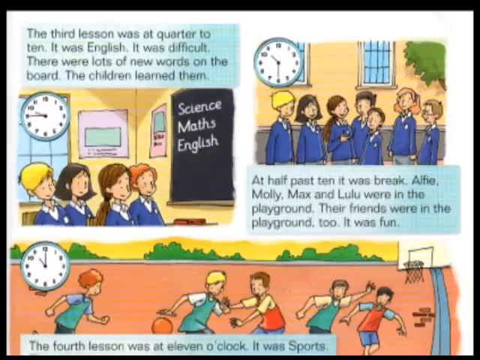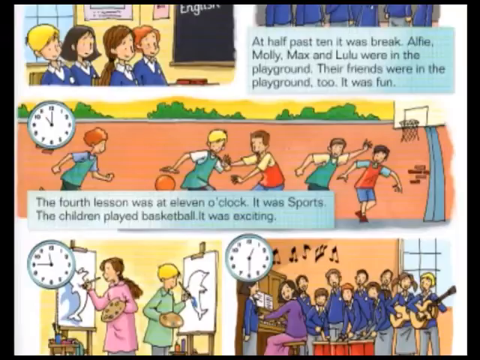It was English. It was difficult. There were lots of new words on the board. The children learned them. At 10:30 it was break. Alfie, Molly, Max and Lulu were in the playground. Their friends were in the playground too. It was fun. The fourth lesson was at 11 o'clock. It was sports. The children played basketball.